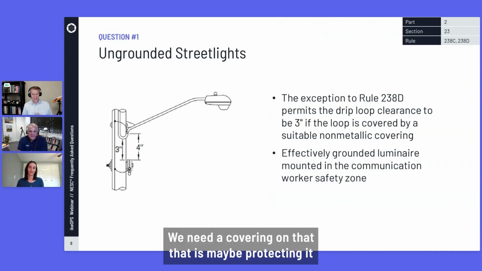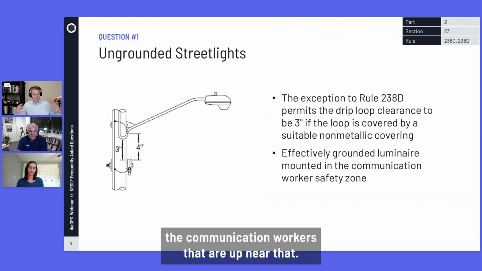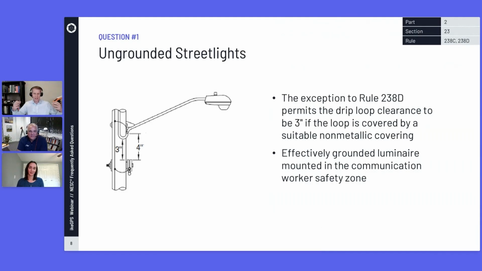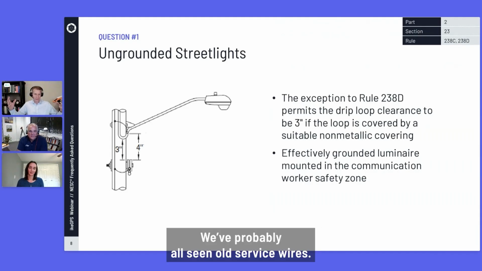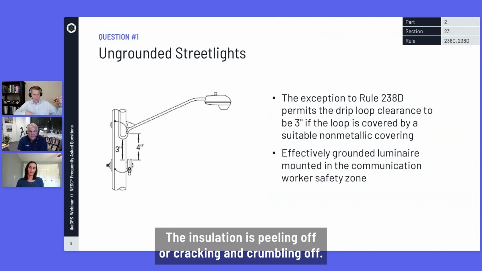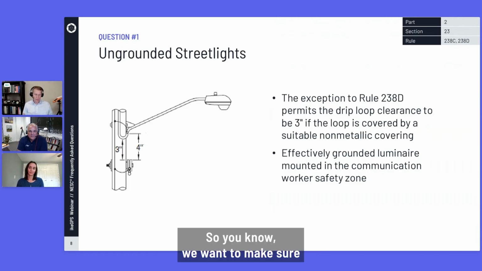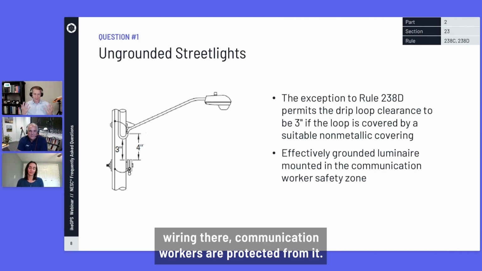We need a covering that is maybe protecting it from the weather, but mostly it's protecting the communication workers that are up near that. We've probably all seen old service wires where the insulation is peeling off or cracking and crumbling off. So we want to make sure if there's any exposed wiring there, communication workers are protected from it.